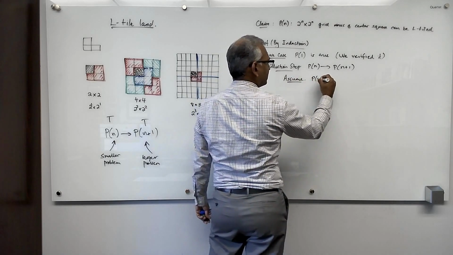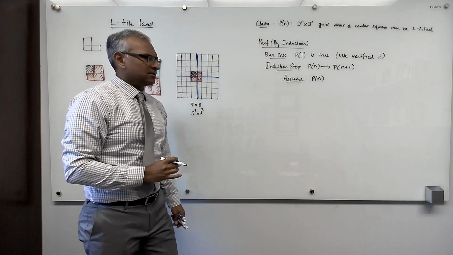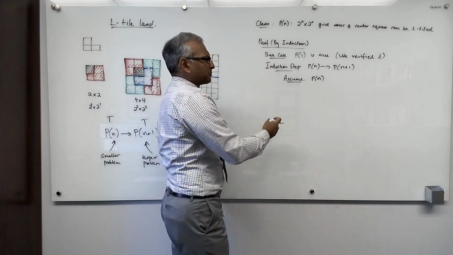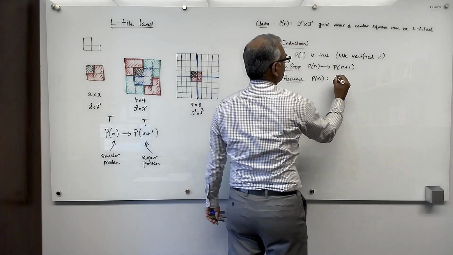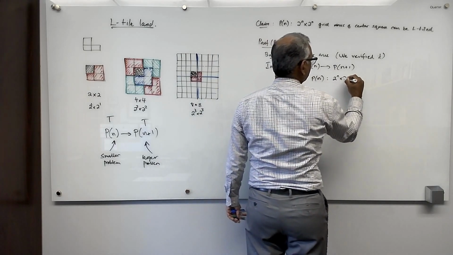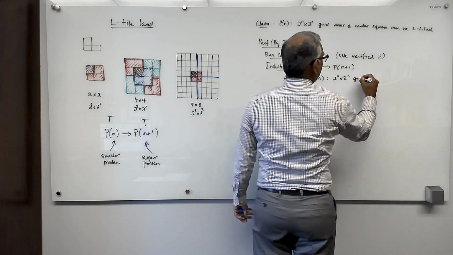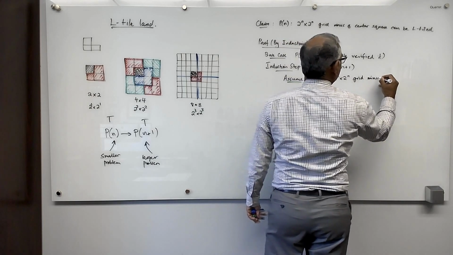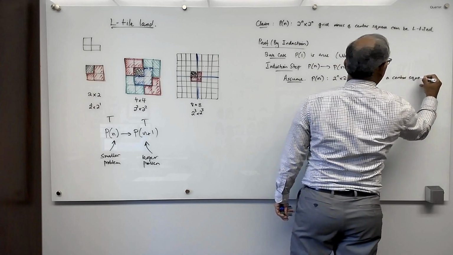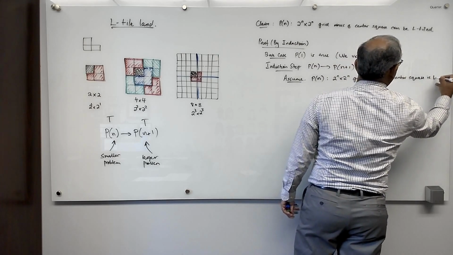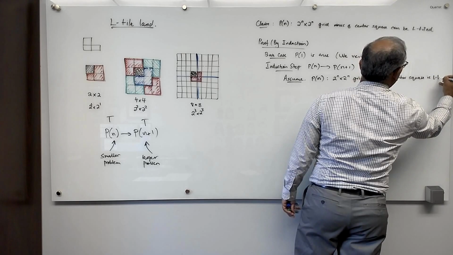So assume P of n; this is the very standard induction template with a direct proof of the implication. Assume P of n, what does that assume? It assumes that the 2 to the n by 2 to the n grid minus a center square is L-tilable.